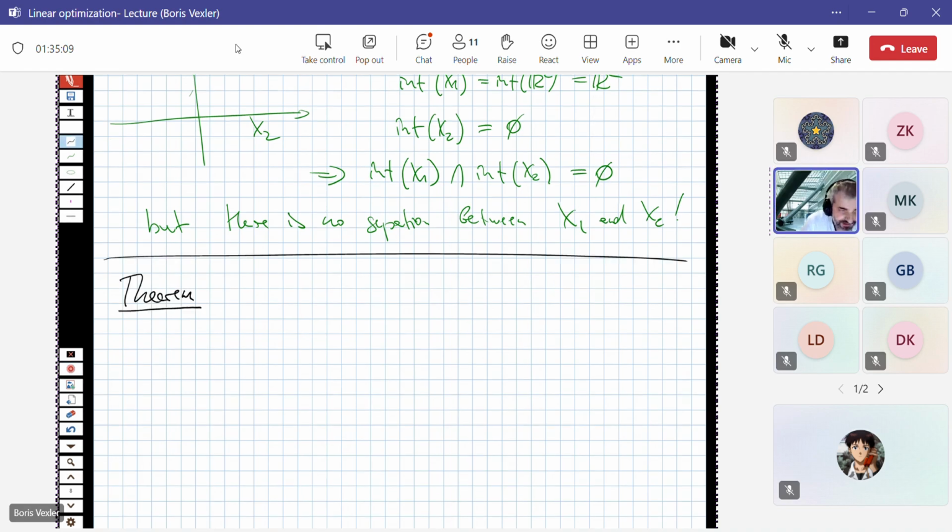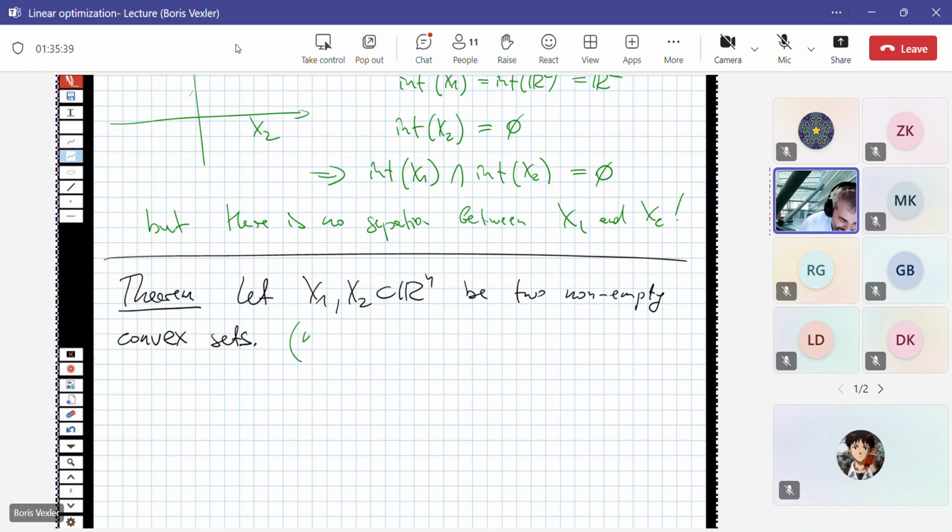Okay, and this is our last separation theorem, which says the following. Let x1 and x2, both in Rn, be two non-empty convex sets. Again, no closedness or boundedness assumptions.